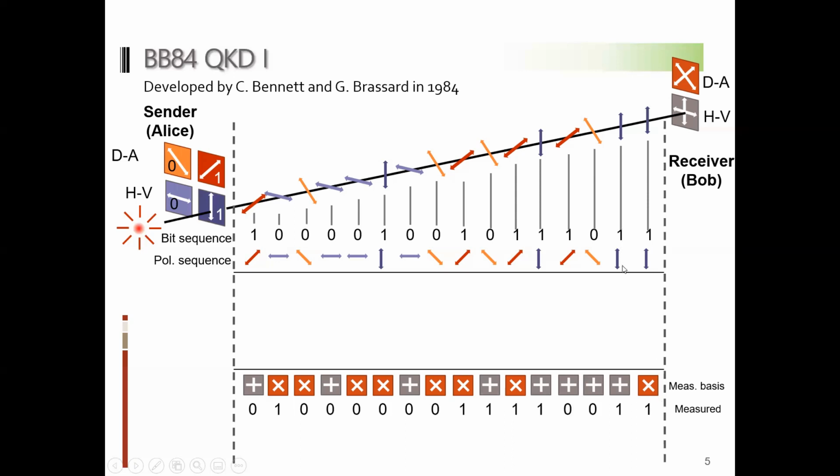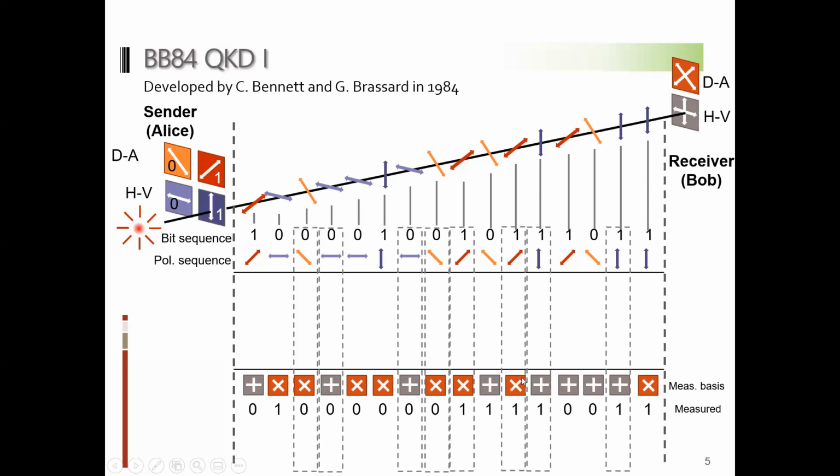They know that they used the same basis for sending and for receiving, so they will keep this case. They just compare the basis choice, and only when those basis choices are matched do they keep the bit.